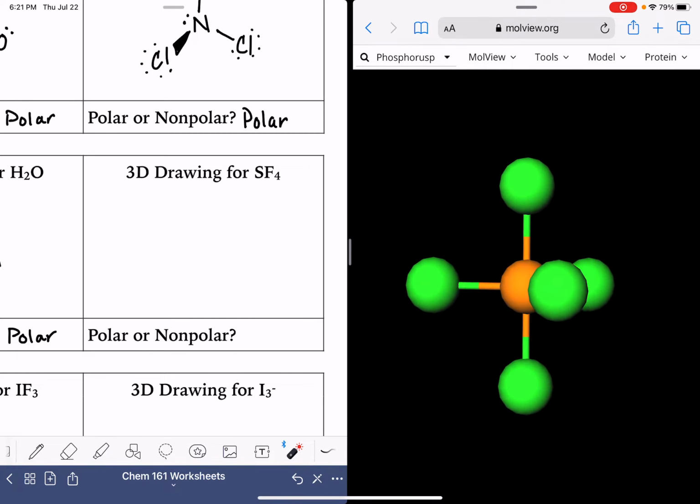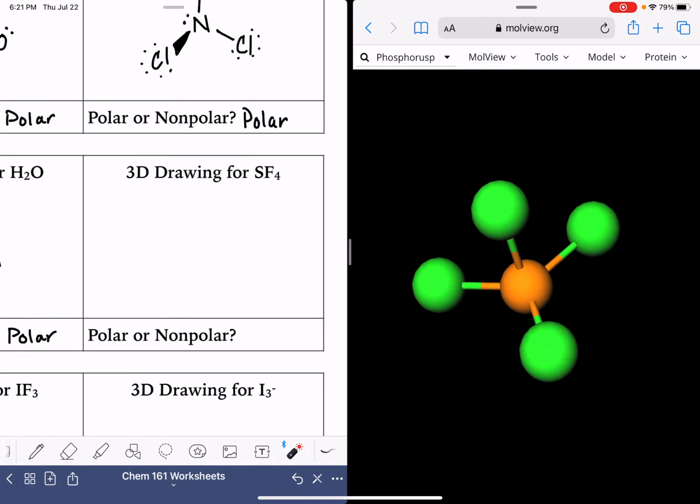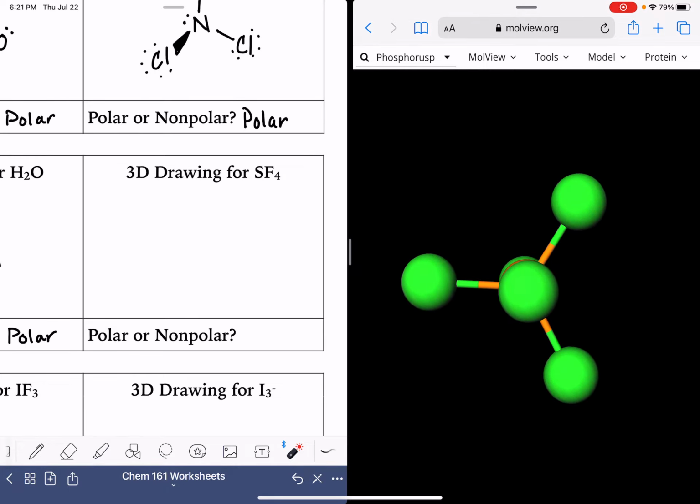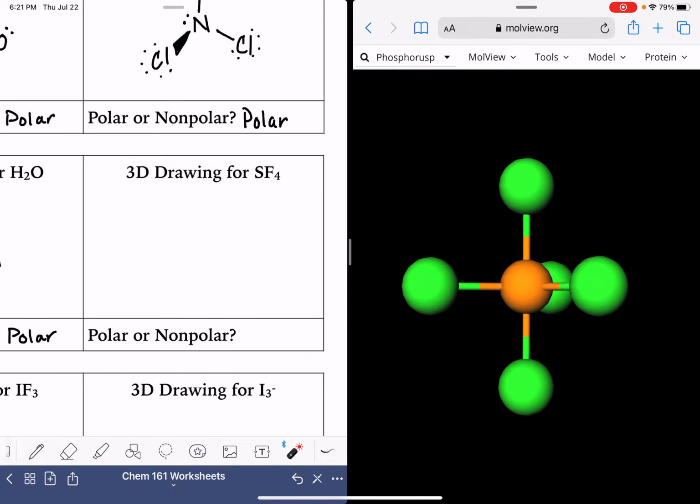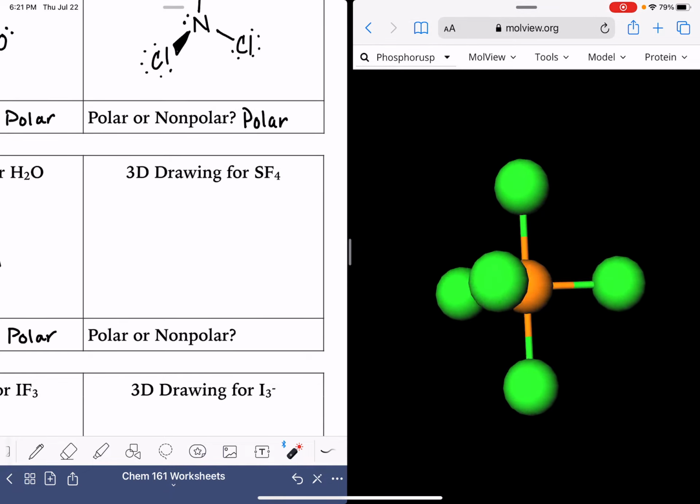This is also not the structure of SF4. We're going to have to imagine from this, but this is sort of what it looks like. In this particular structure, we have these 3 green spheres on the outside perimeter, the way we're looking at it right now, that make up a triangle shape. Typically we draw those 3 green spheres in the center. We call it the equator or the equatorial position of the molecule.